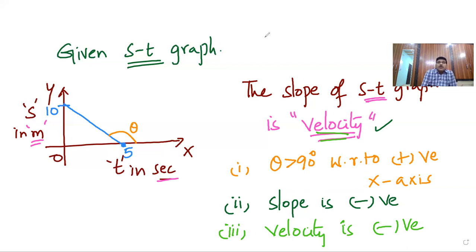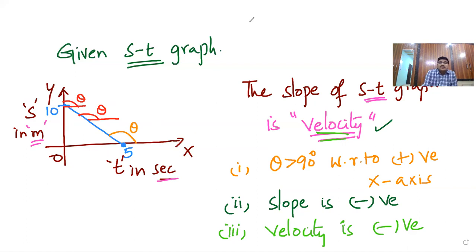Clear? Now, observe here. If I take the slope here, this is the theta. If I take the slope here, this is the complete theta. That means whatever parallel lines I draw, theta is always constant. That means slope is constant. When the slope is constant, velocity is also constant.